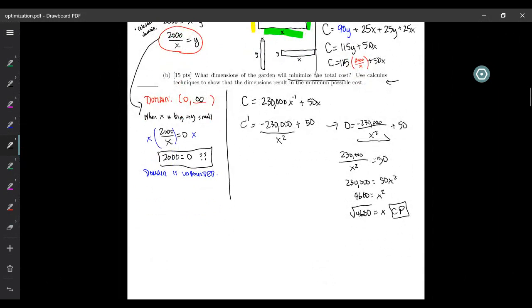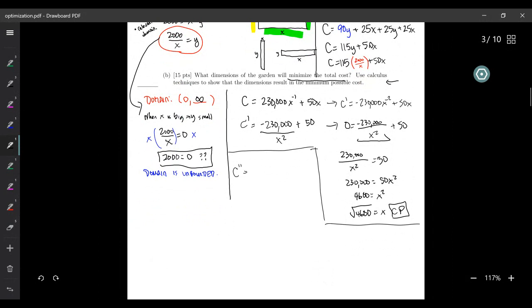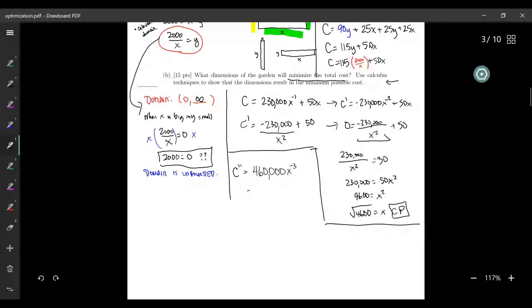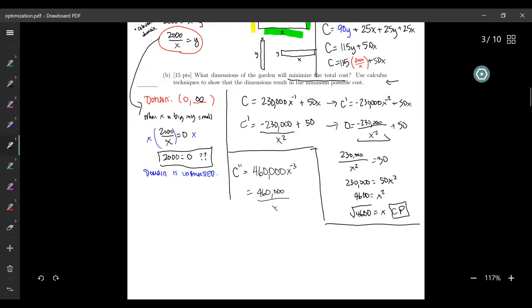And so now what I can do is take the second derivative. C double prime would be a positive 460,000 x to the negative 3. And so this is the same thing as 460,000 over x cubed.